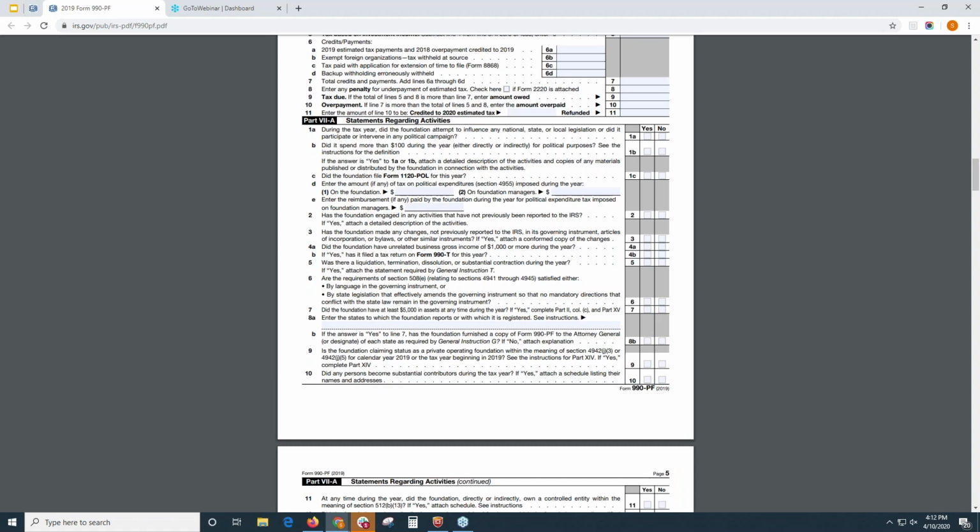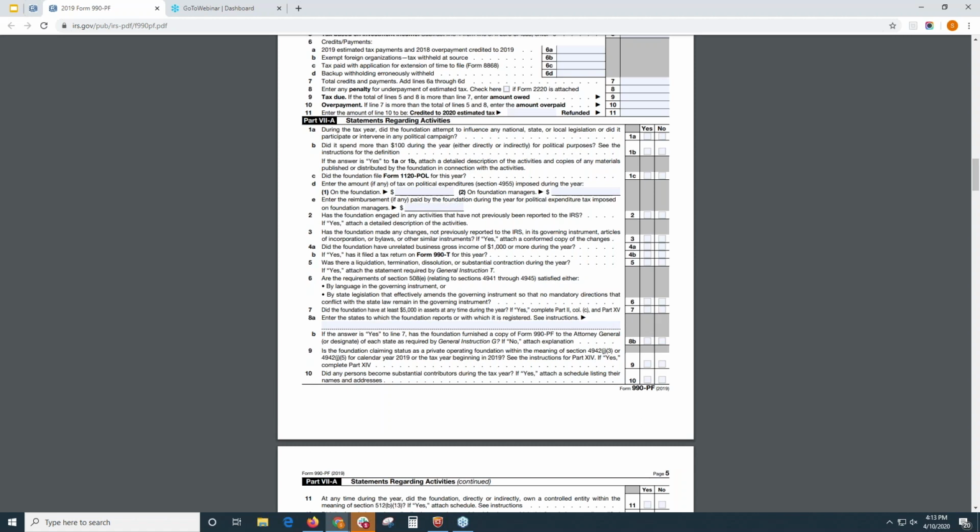Line 1 is for political purposes. On line 2, you'll answer the question, has the foundation engaged in any activities that have not previously been reported to the IRS? Line 3, you can indicate if any changes have been made and not reported to the IRS in regards to governing articles of incorporation or bylaws or other similar instruments.